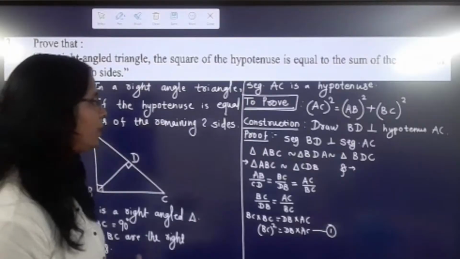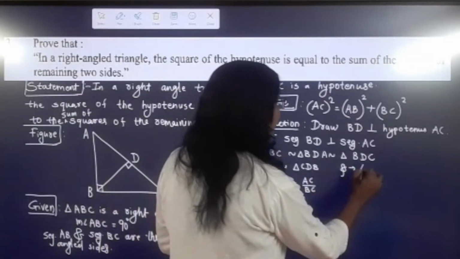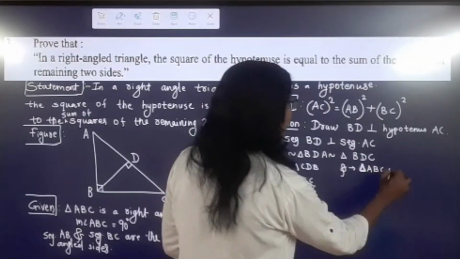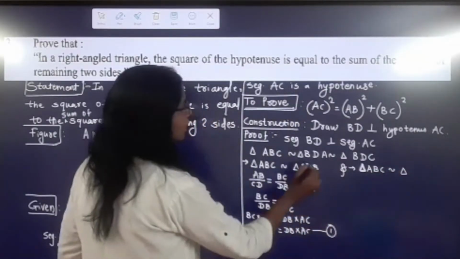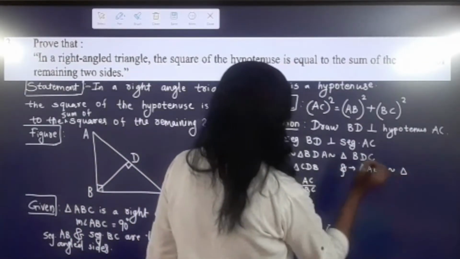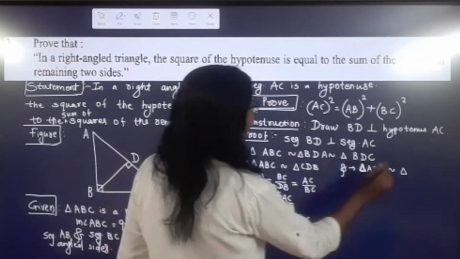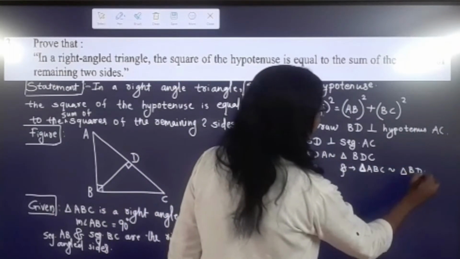triangles, similar triangles. So triangle ABC similar to triangle BDA here.